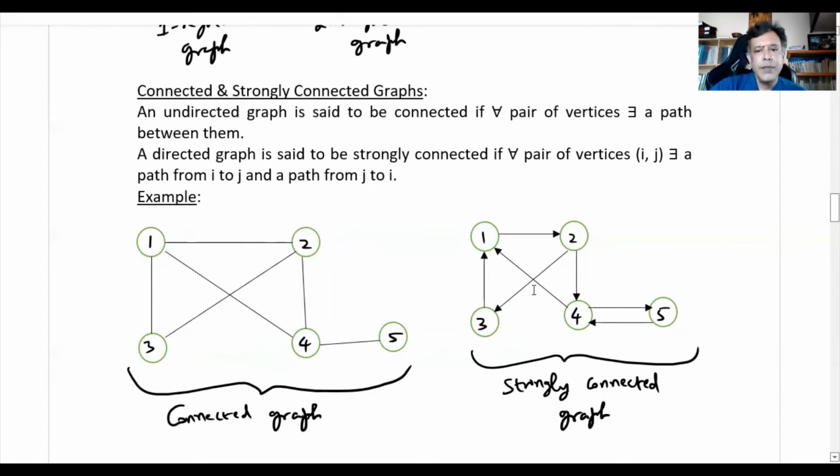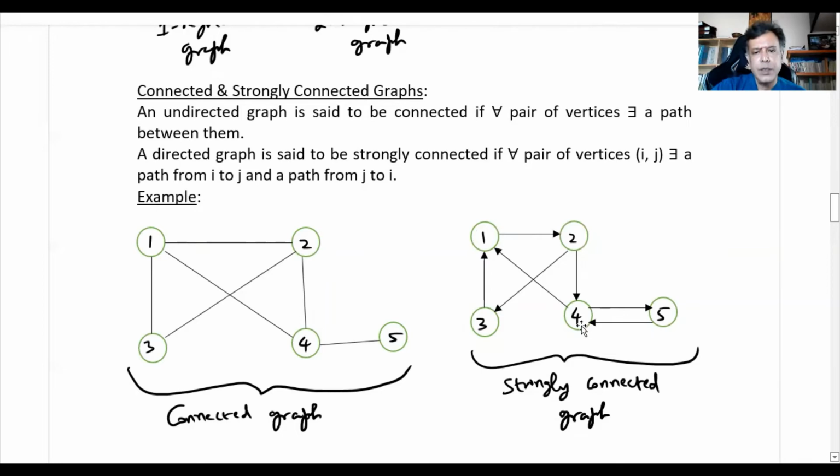A directed graph, this is a directed graph, is said to be strongly connected if for all pairs of vertices i, j, there exists a path from i to j and a path from j to i. Means if I take 1 to 2, directly a path is there. If I consider 1 to 4, there is a path 1, 2, and then 4.